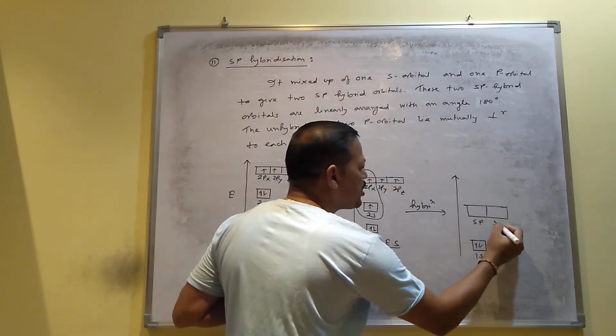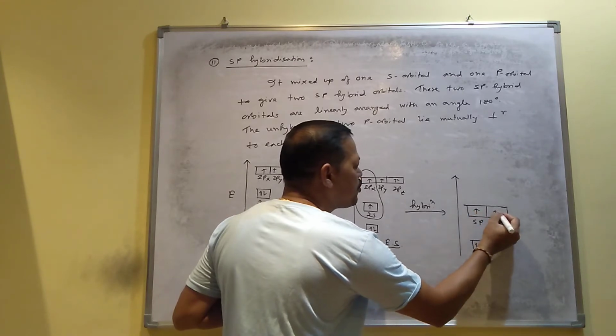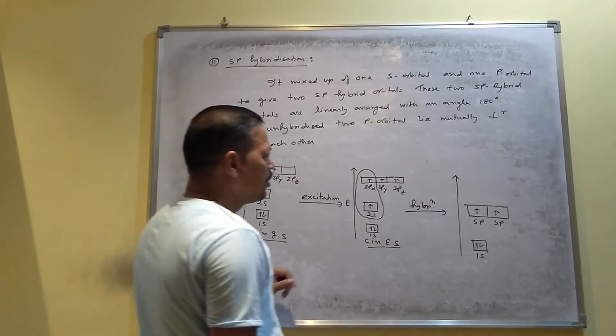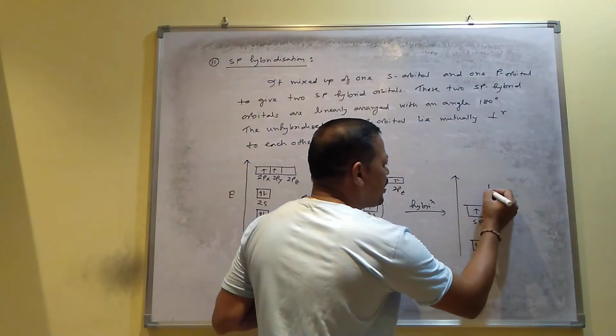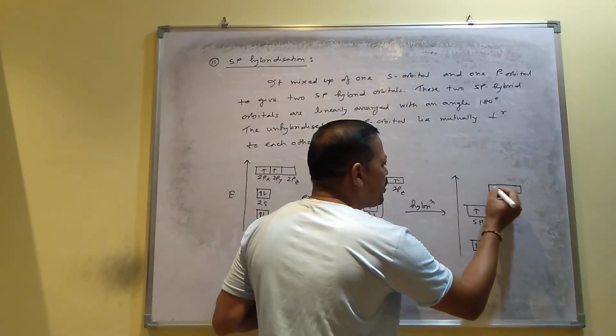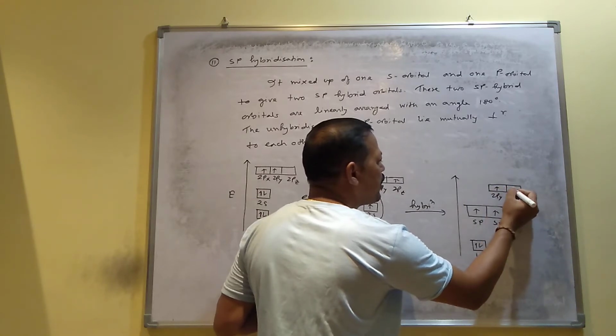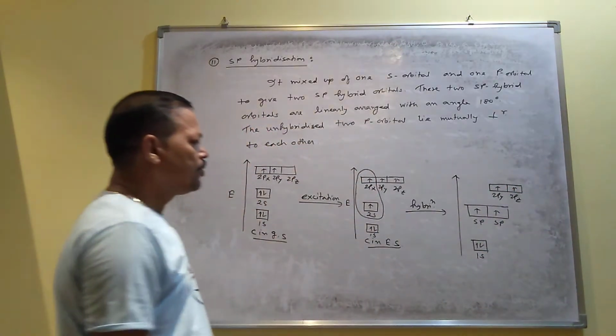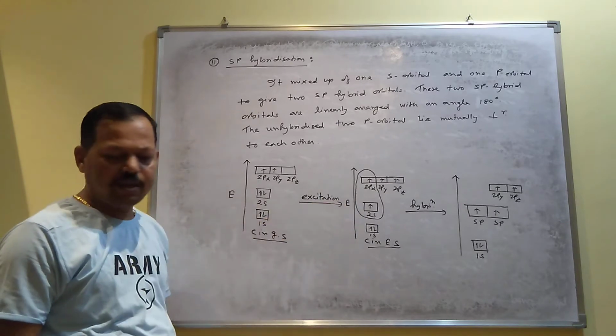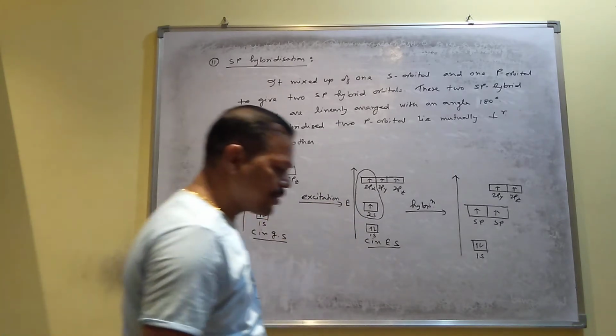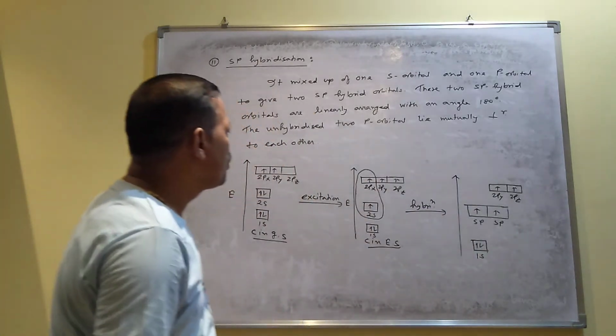This is one sp, this is one sp, containing 2 electrons, and this 2py and 2pz are called unhybridized orbitals, and they will remain here. Both contain 1 electron. This way sp hybridization takes place, one s mixed with one p orbital.